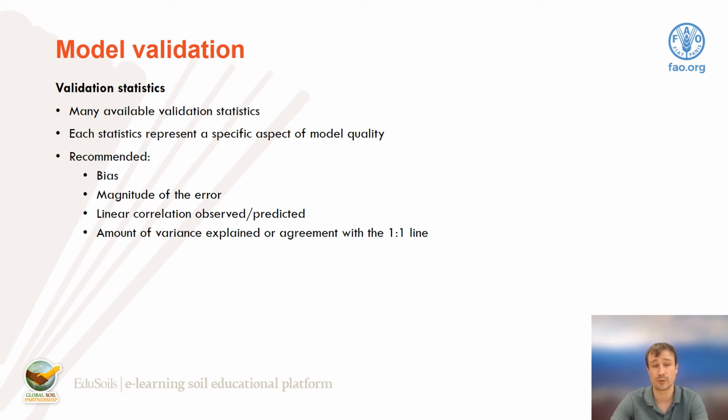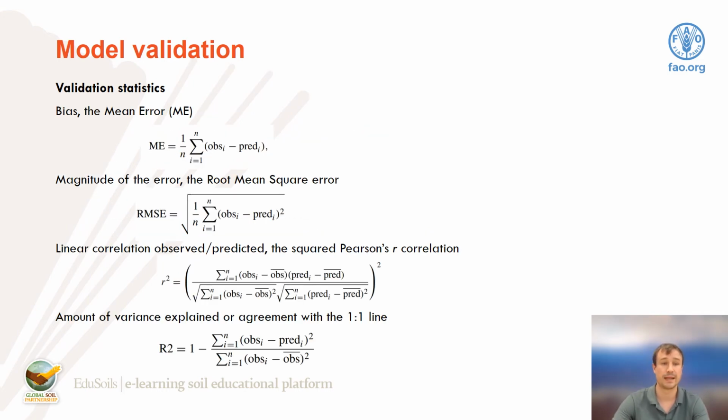For example, we report an estimate of the bias, an estimate of the overall magnitude of the error, and an estimate of the correlation between predicted and observed values. And finally, we can also report an estimate of the amount of variance explained by the model. Let us briefly discuss these validation statistics. So the bias can be shown by the mean error.